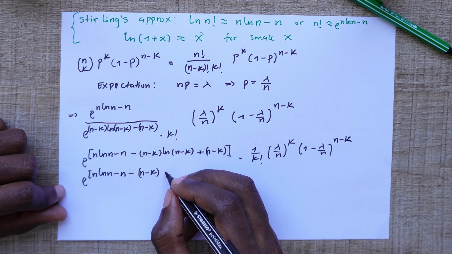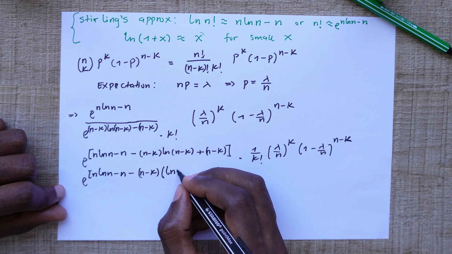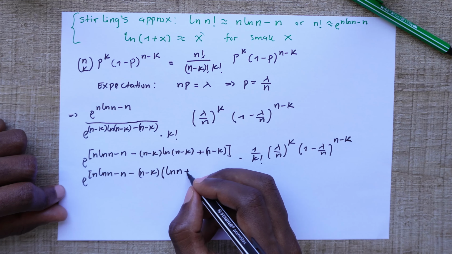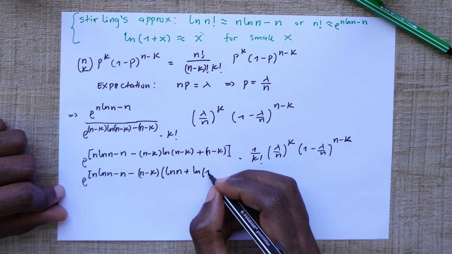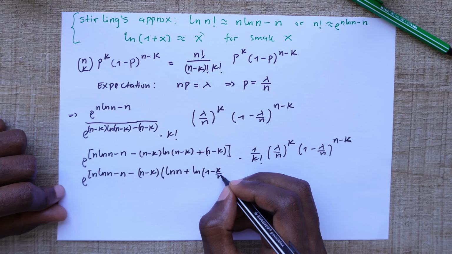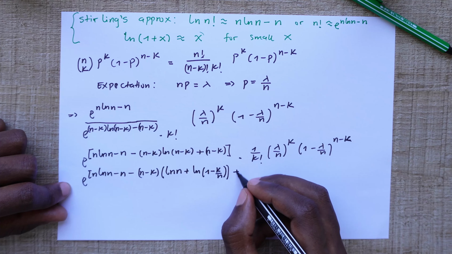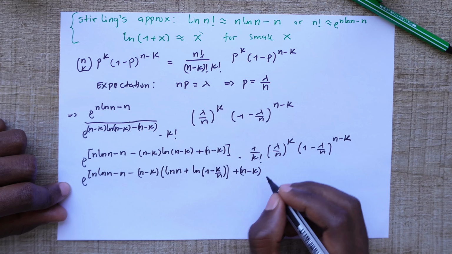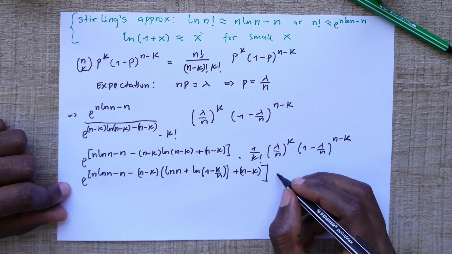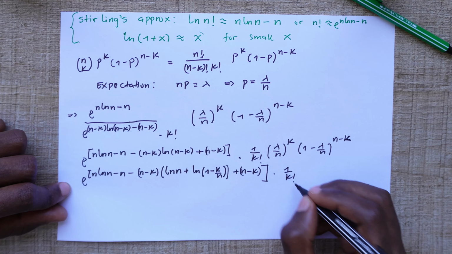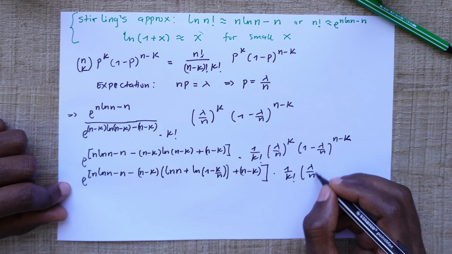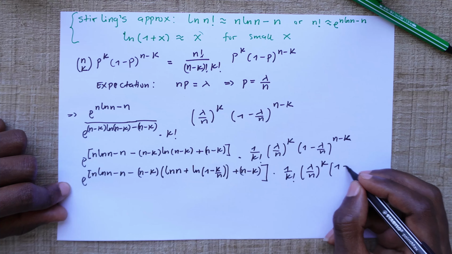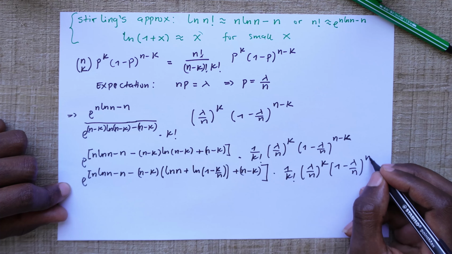So that's going to give us ln of n, okay, plus ln of 1 minus k on n. And then we close this bracket, plus n minus k. And this closed, we have 1 over k factorial here, lambda over n to the power k, 1 minus lambda over n to the power n minus k.